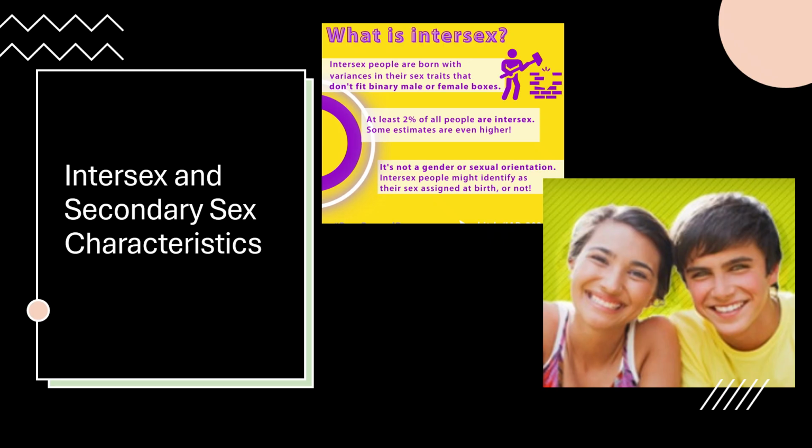Usually, this is discovered during puberty because we start to see physical differences such as hair, the body type, maybe widening hips, bone structure. We can see different characteristics that are typically seen in males and females as they're hitting that puberty stage.